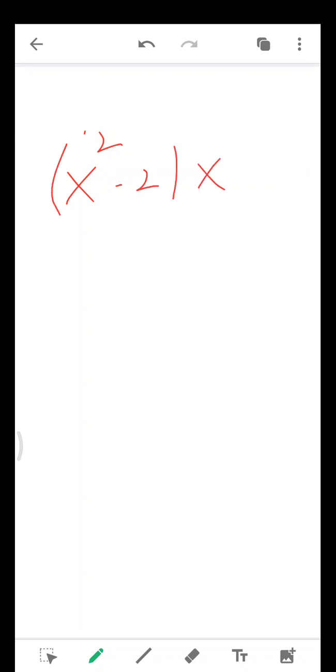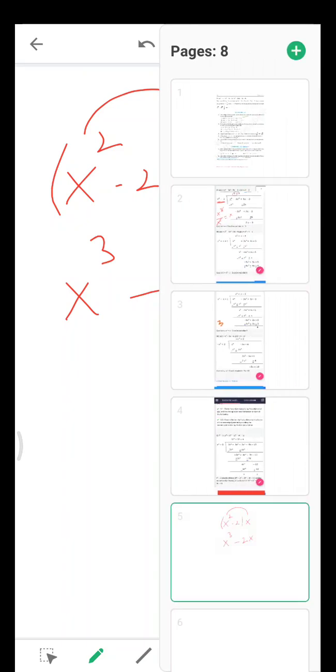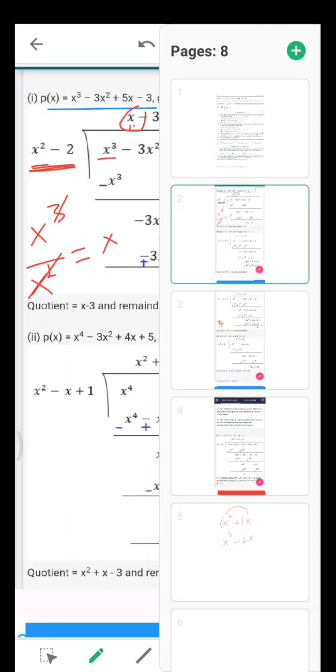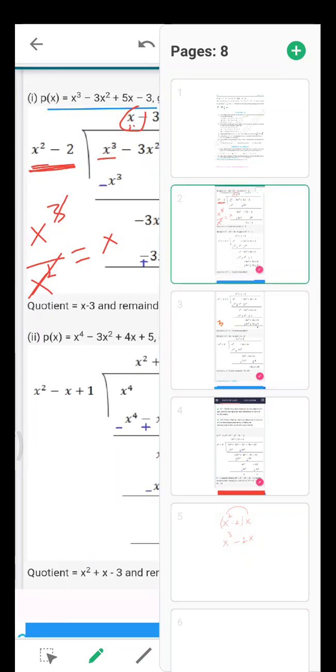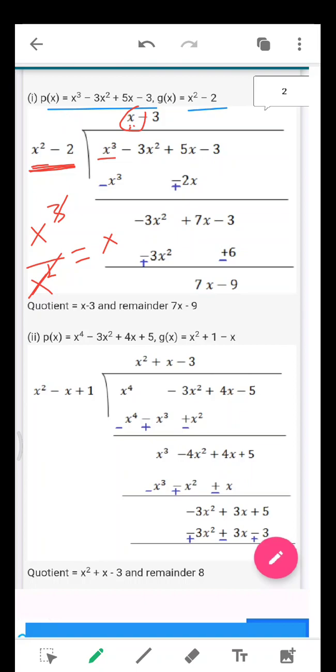So what I get if I multiply: x cube minus 2x. Is it clear, students? Okay, so this x cube minus 2x will be written here, x cube minus 2x.